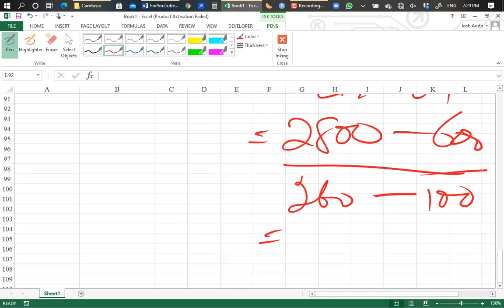That will give us 2200 divided by 260 minus 100. That will give us 160, I think. Yeah, 160. So let's do that calculation: 2200 divided by 160.